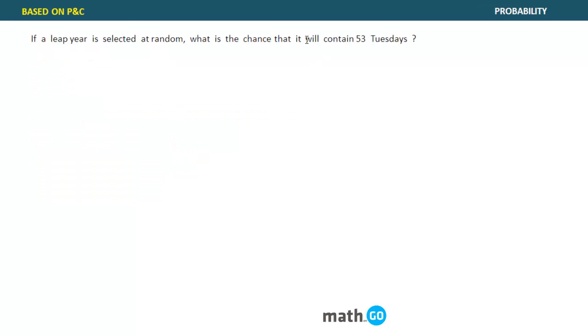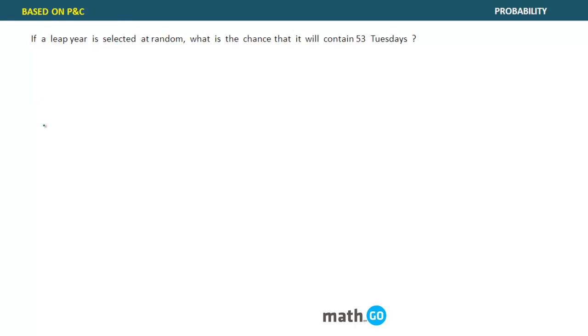So let us start with a very basic question, that is if a leap year is selected at random, what is the chance that it will have 53 Tuesdays? Very basic problem. So first of all, we just have to understand when the questions are based on PNC, permutation combination, you have to be very sure about what will be the sample space.